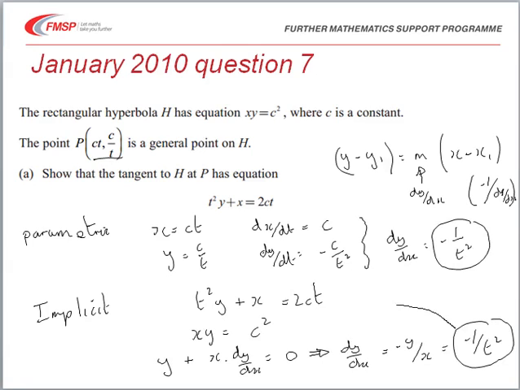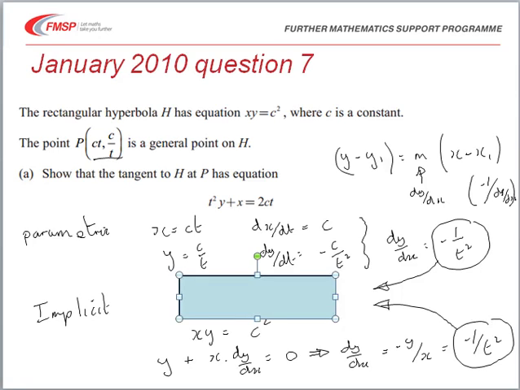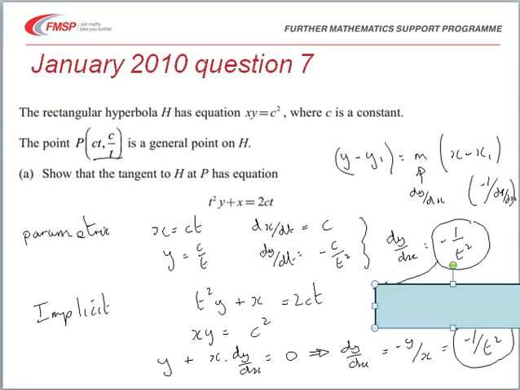The rest of the solution is no different to what I've just looked at, and both lead to the fact that the equation of the tangent is given by t squared y plus x is equal to 2ct.